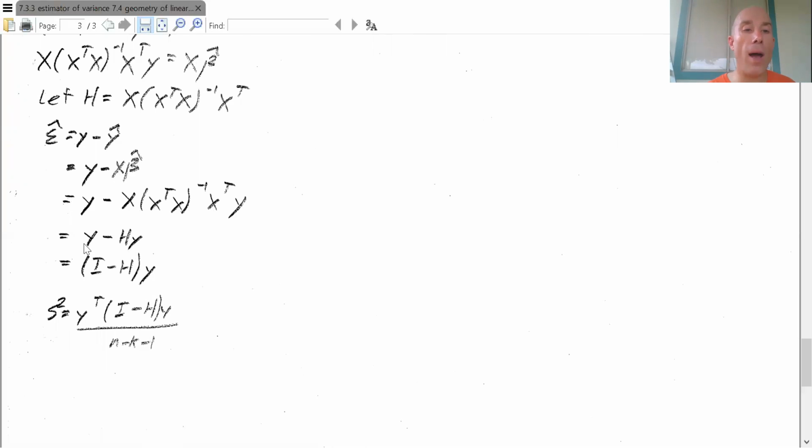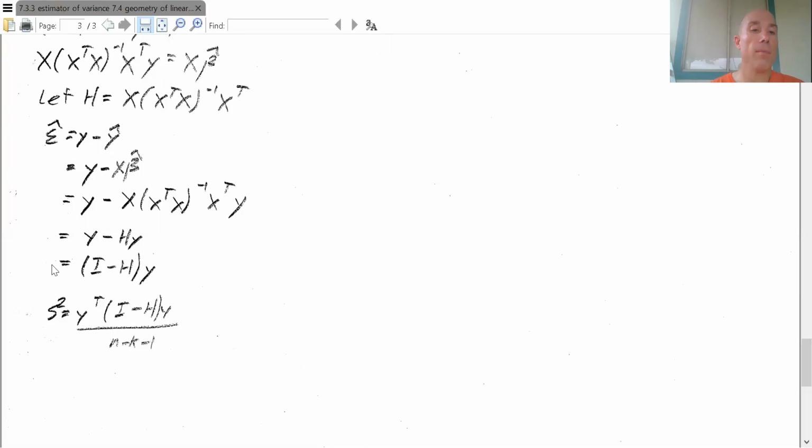I can factor out y on the right. Remember, it's implicit that I have an identity matrix. So if I factor out the y, I have I minus h times y. Now this gives me a nice formula for my observed residuals.